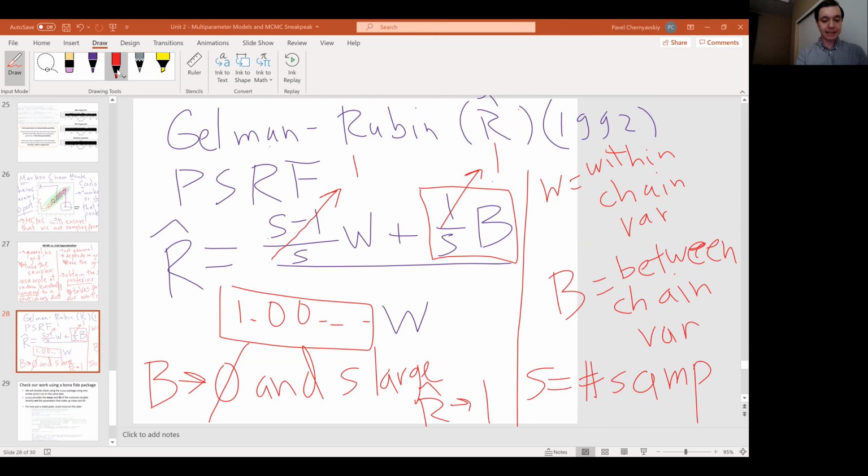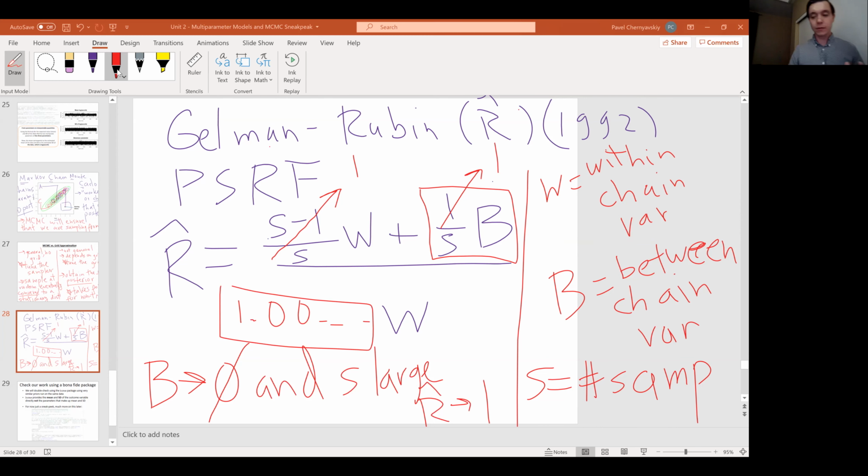These are my R hats. They even give you the upper confidence interval here. I wouldn't pay too much attention to it because it assumes quite a few things to come up with it. But you can see all of the numbers are 1. So these chains have converged.